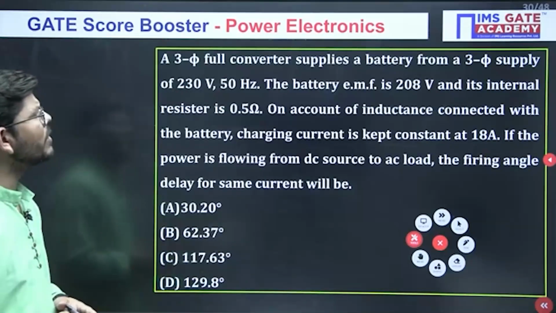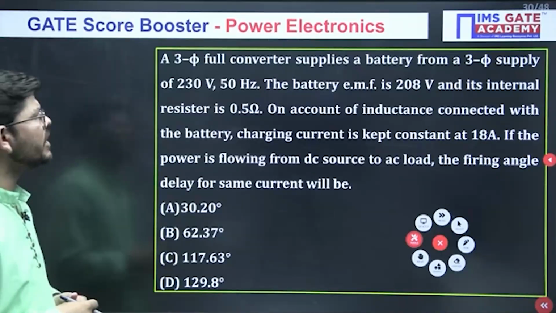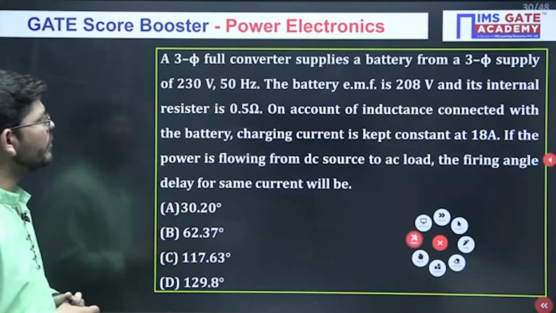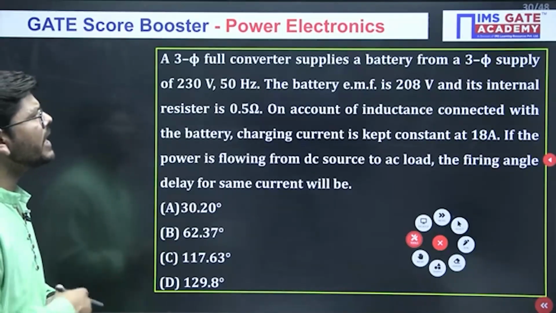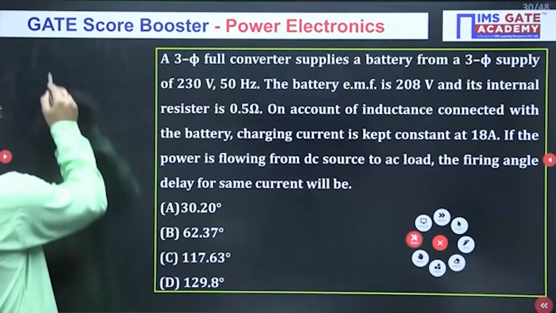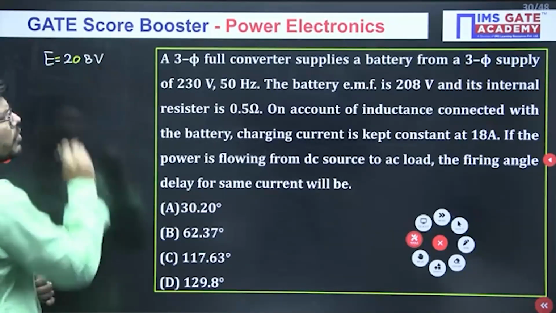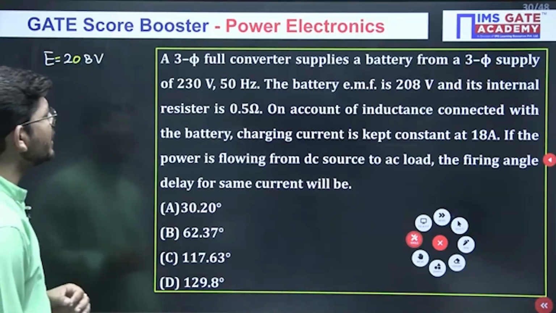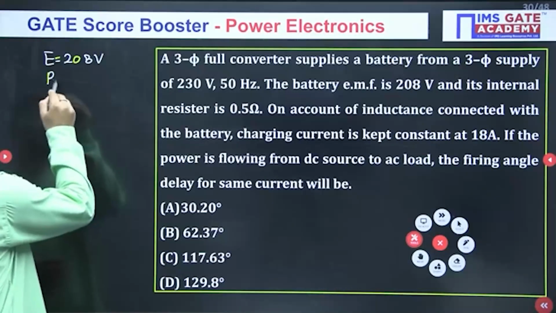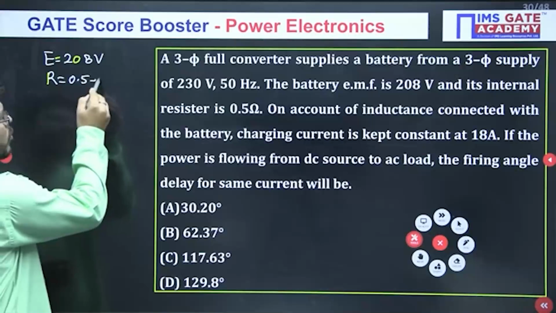A three-phase full converter supplies a battery from a three-phase supply of 230 volt 50 hertz. The battery EMF is 208 volt, and its internal resistance is 0.5 ohms.